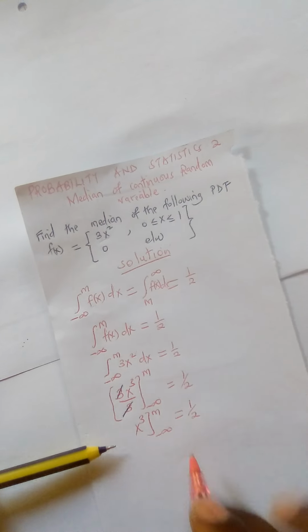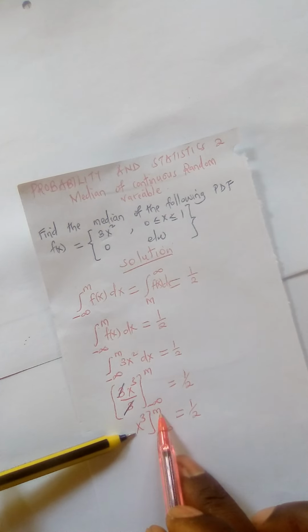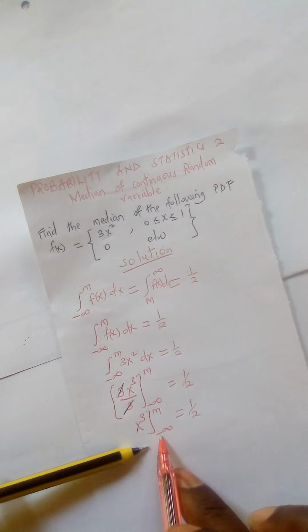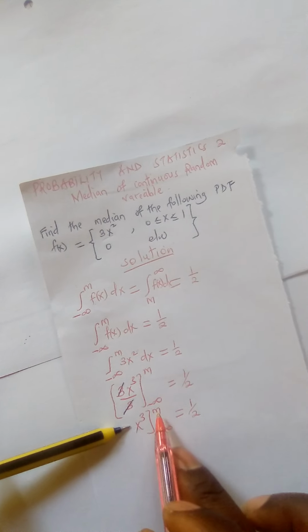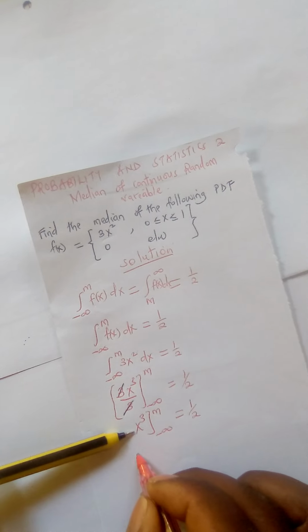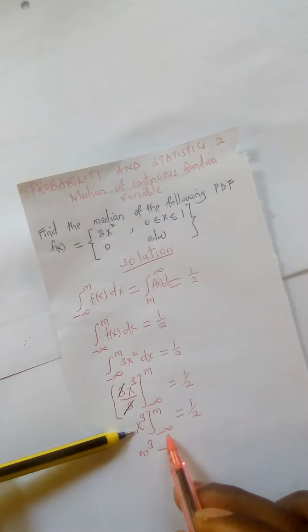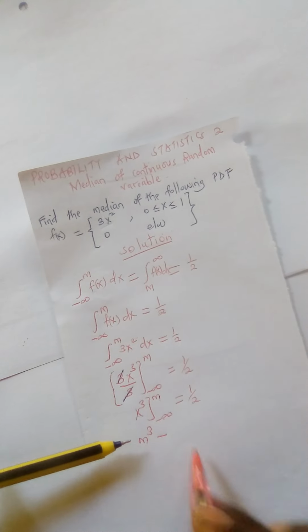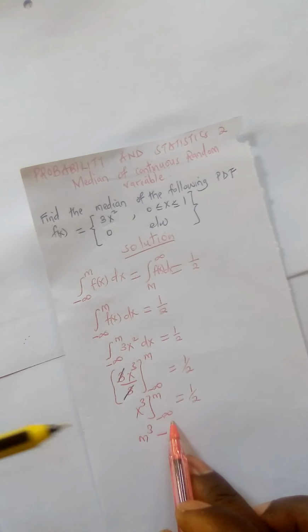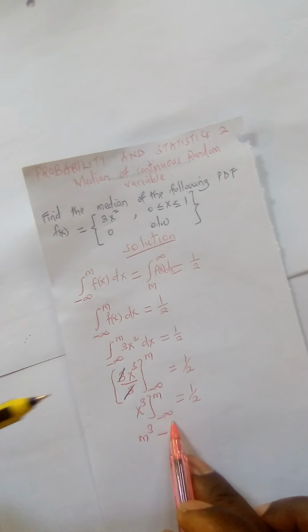Now after that, you are just required to substitute for the first case x with m. Then for the second case, you substitute with the lower limit. So let us begin with the upper limit. Substitute x with m, it will be m cubed minus, now when you come to the lower limit here, it is negative infinity. Here, negative infinity, we assume that it is a 0, because they are just the same.